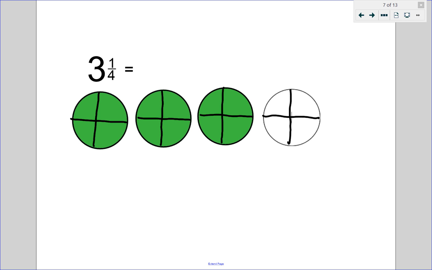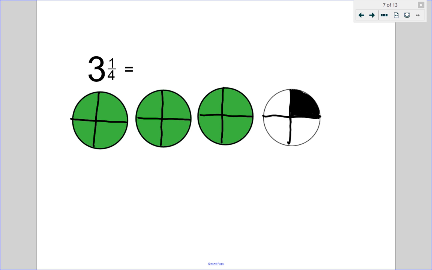So let's see what we have here then. I have my 3. Now I need my 1/4, so I'm going to fill in that 1/4. It's important to have all the pieces together. So there's my 1/4.